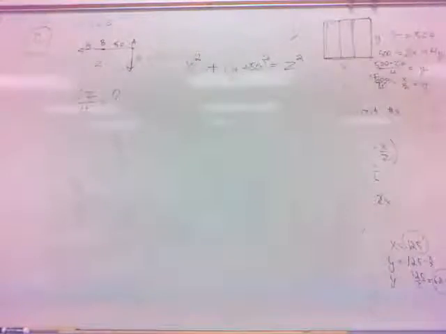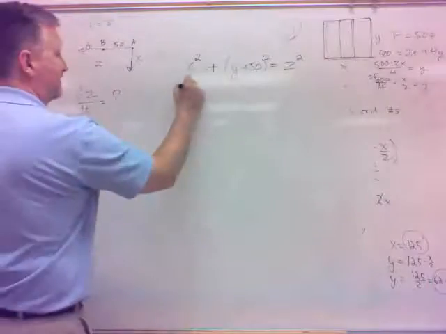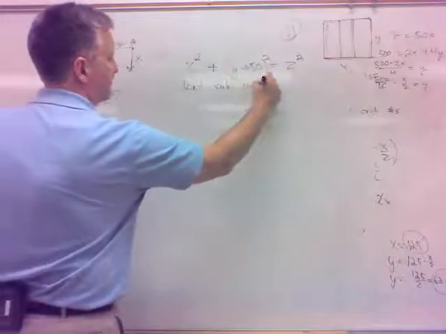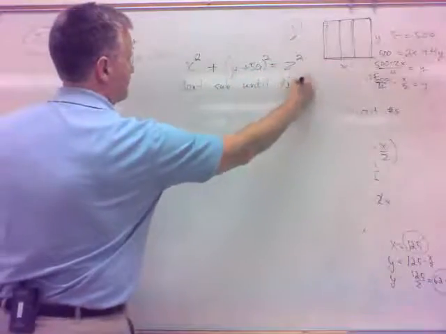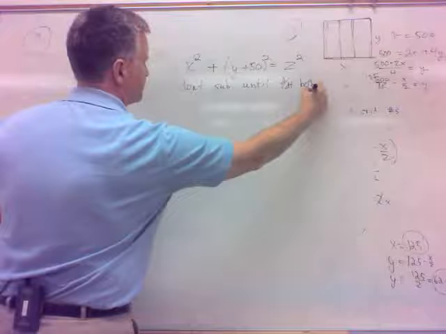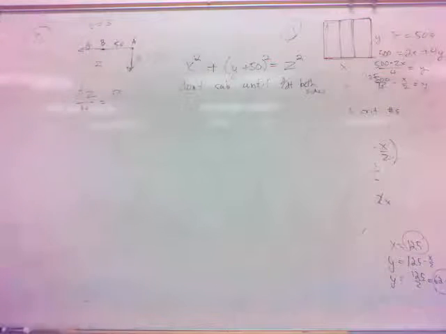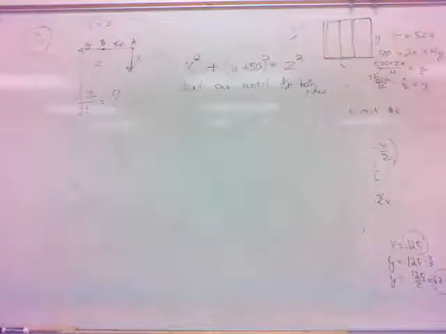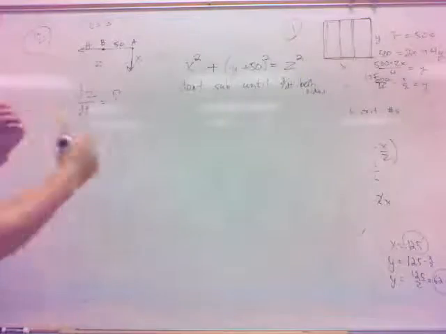Now, I do know the times, and I could figure out x and y here, but I don't want to do that. Don't substitute until you do what? Take the derivative. d/dt both sides, because I'm looking for dz dt. So if I don't have z in there, I'm not going to have dz dt, you see. I can figure out what x and y and z are, but if I plug in those numbers, I'm not going to get a dz dt, and that's what I'm looking for. So don't do that. So I'm going to d/dt both sides.